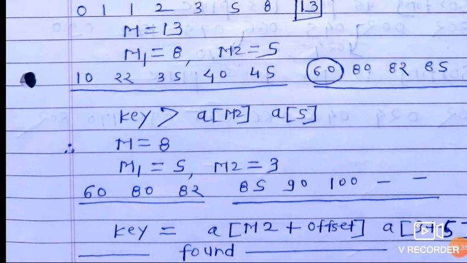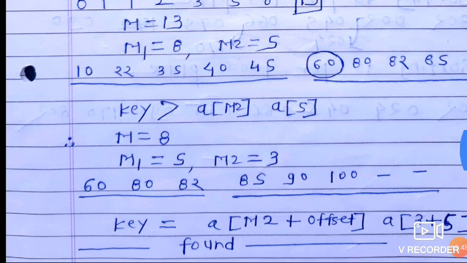If key value is greater than a of m2, at that time we have to update m as m1, otherwise we have to update m as m2, and we have to repeat the same procedure till m is greater than 1. Once this condition is not true, definitely we can say it's absent.